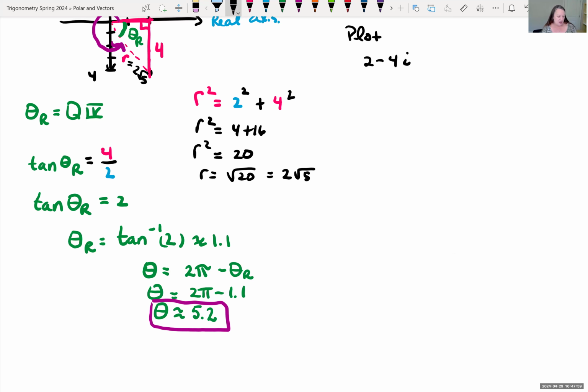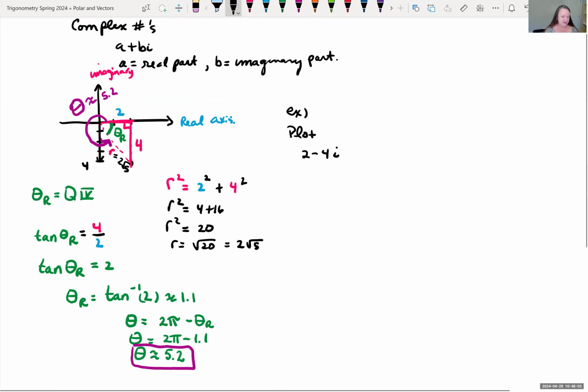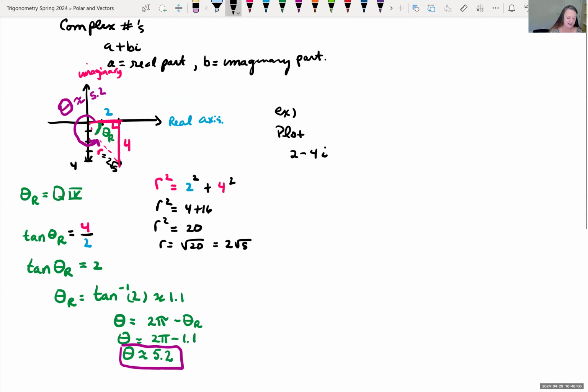Okay, so our form up here for our imaginary was a plus bi. Let's just think about this. Our x value was our real part, so this is x plus. b was our y value, so yi.